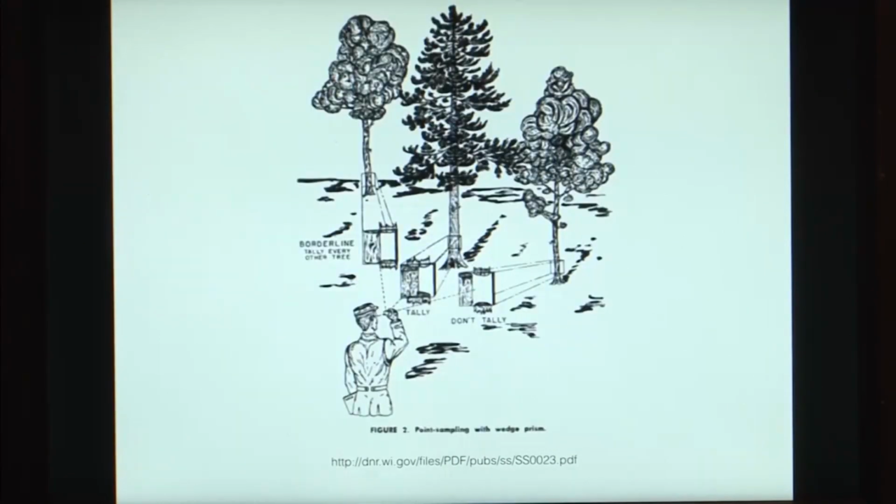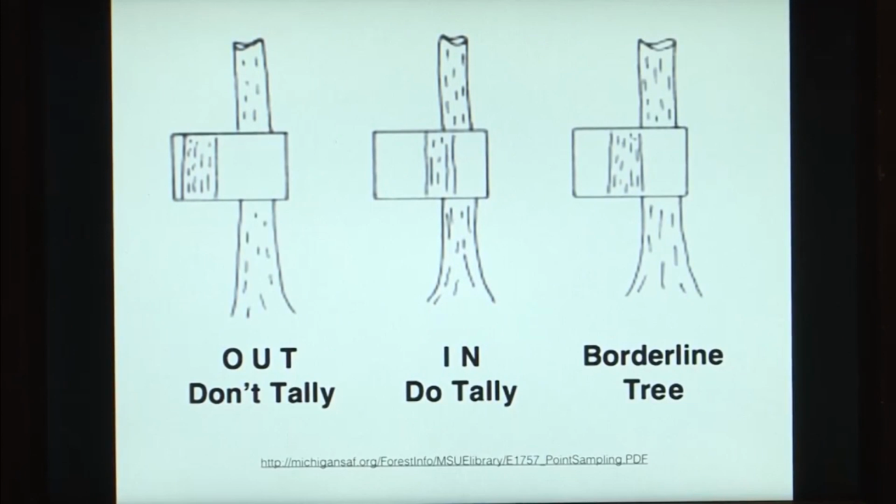If we look at this figure, in place of looking at the poles, we are looking at the trees in a forest. You stand at one point and look all around you with the wedge prism to see which trees can be counted as a full tally, a half tally, or a no tally. When you look through this prism, here is what you will see.